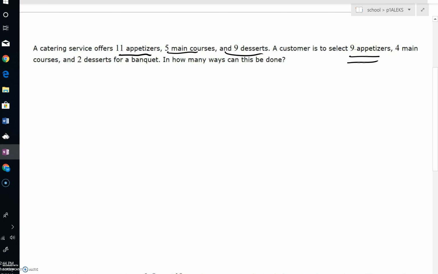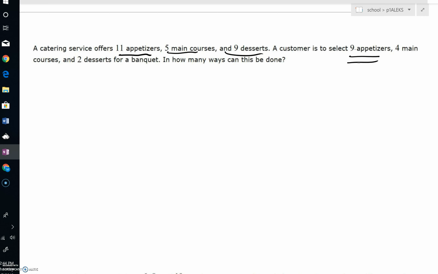Now, guys, as you're selecting 9 appetizers, please understand, as you're ordering that, the same appetizers are going to wind up being put out or being put into a bag if you're buying them. Order really doesn't matter. If you were ordering some chips and then onion rings and some other things to go with it, as long as you've got those 9 items, it's not like you're getting any benefit from having it read off first or second or third.